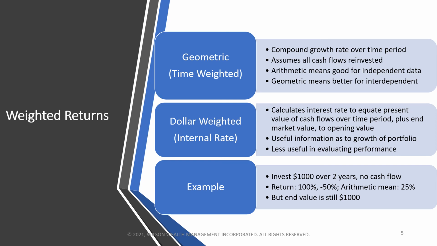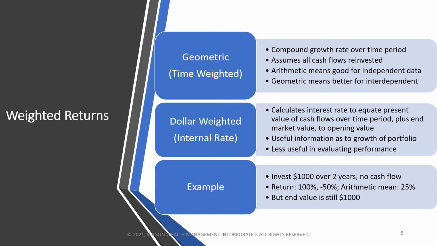The other one you'll see is dollar weighted. That calculates an interest rate that equates the present value of cash flows over the time period being evaluated and factors in the end market value versus the opening market value. Essentially, it's an internal rate of return calculation.